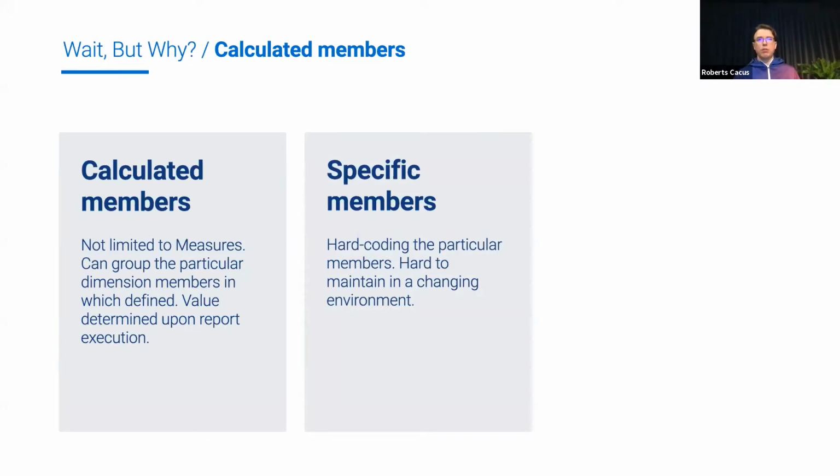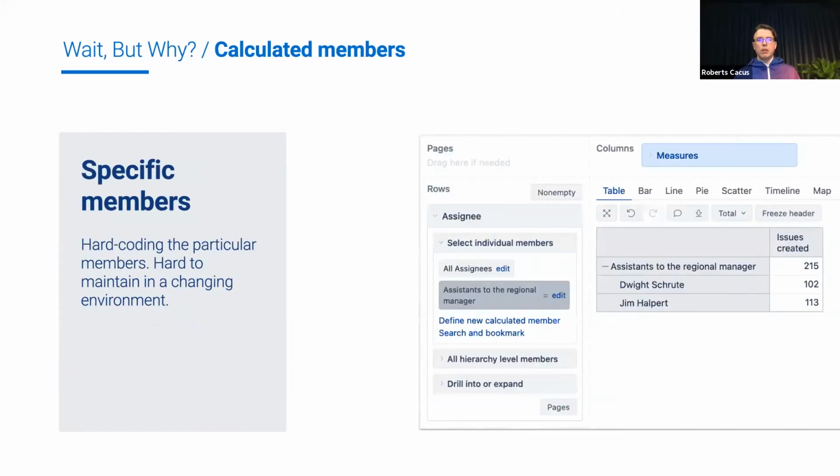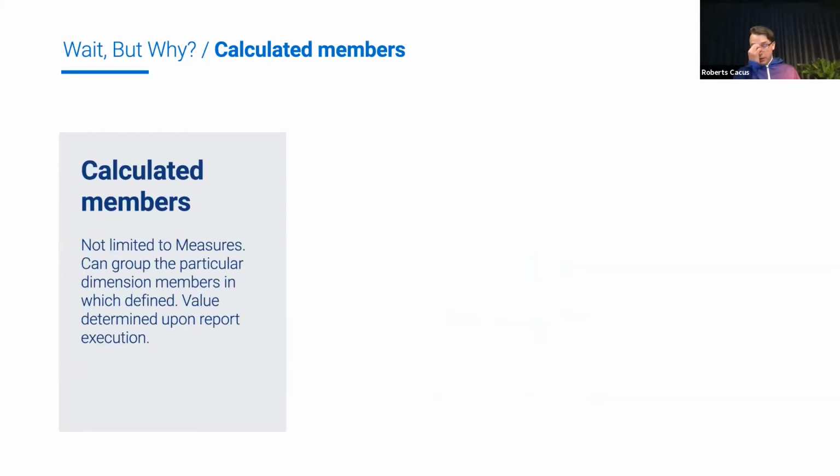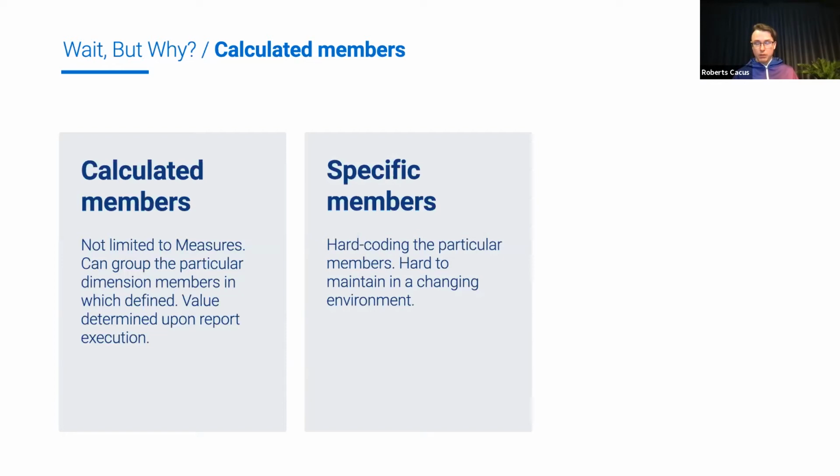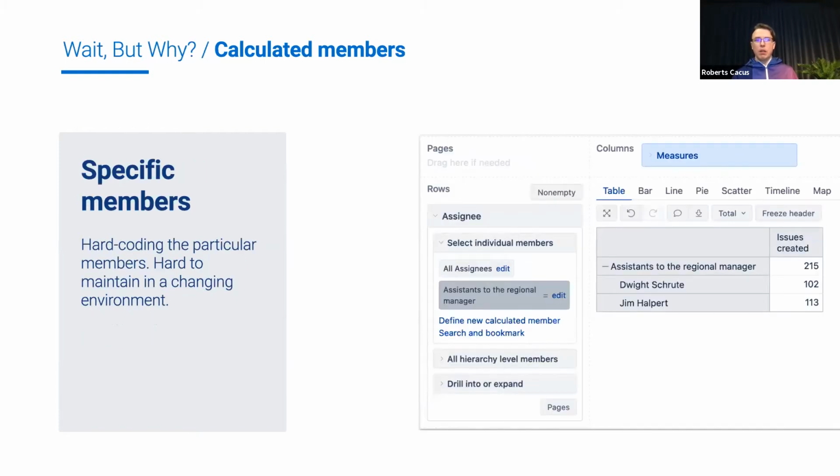In such a case, you can define calculated members and pinpoint the specific members you want to add to that group. And then you can observe the group efforts and, if necessary, see each user separately.